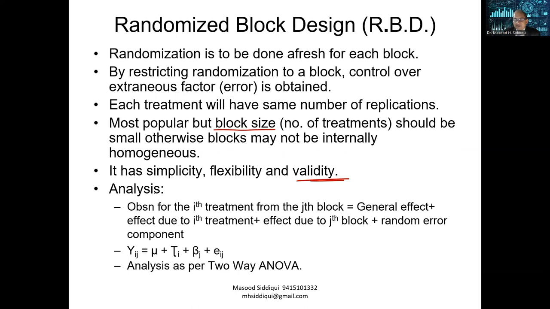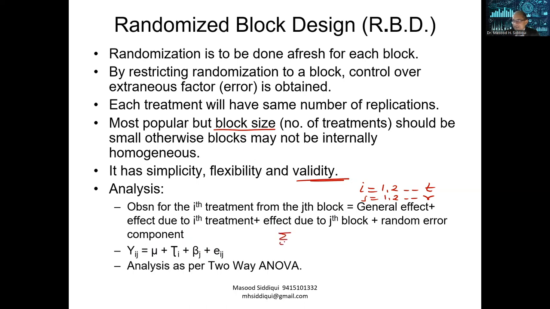Now here we are discussing the analysis, or the layout, related to the randomized block design. Here Yij is the observation of the ith treatment for the jth block. The value of i is 1, 2, up to T and j is 1, 2, up to R. The number of treatments is T and the number of blocks is R. This equals the general effect, which is a constant, plus the effect due to the ith treatment, tau i, plus the effect due to the jth block, Bj, plus the random error component, Eij.